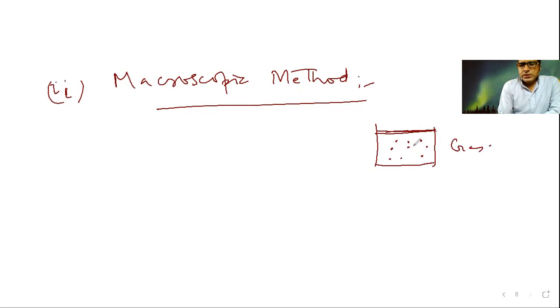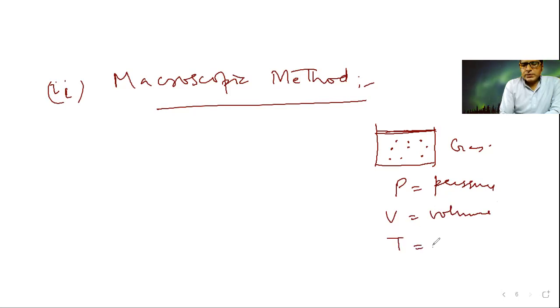We take this system in totality and consider some variables which we call macroscopic variables like pressure, volume occupied by the gas, temperature of the gas, internal energy of the gas. To give description of this gas, we have to consider only these few variables.